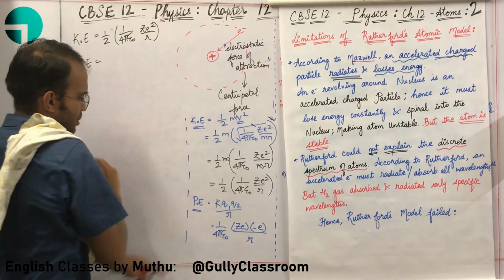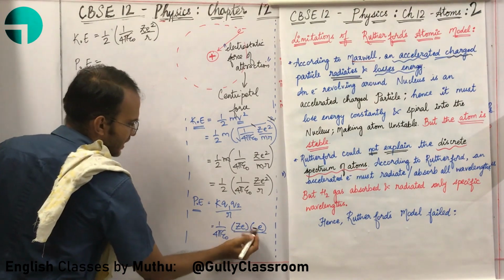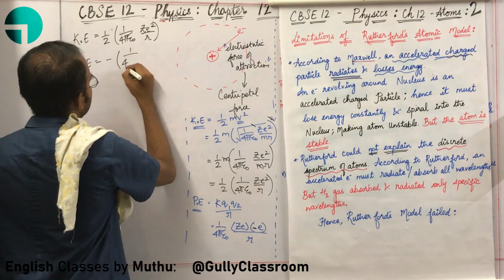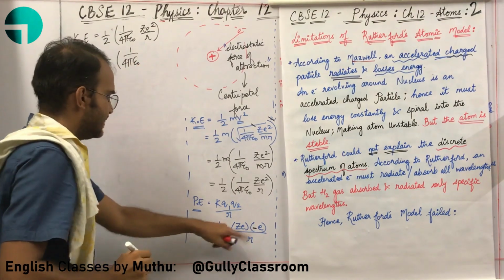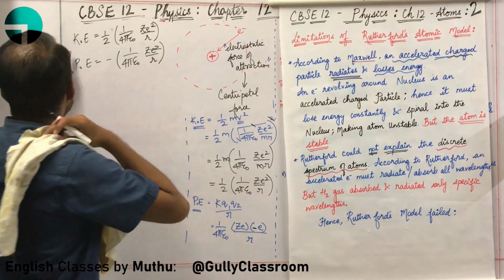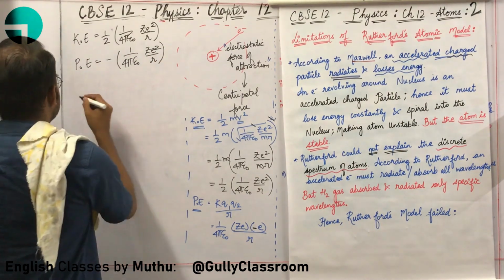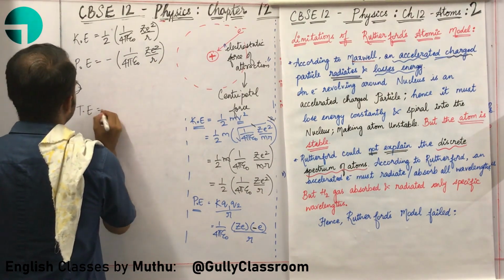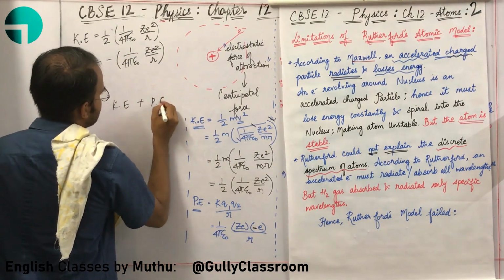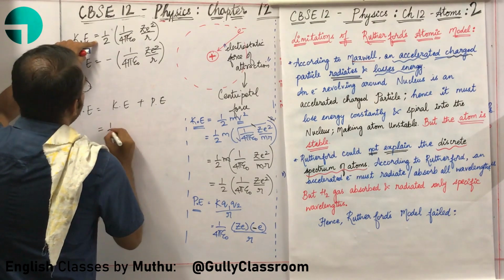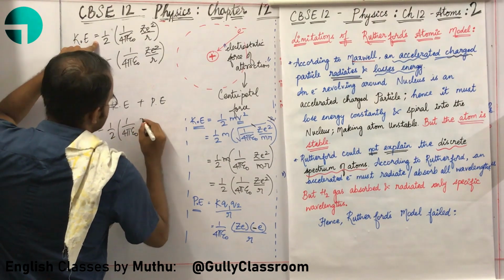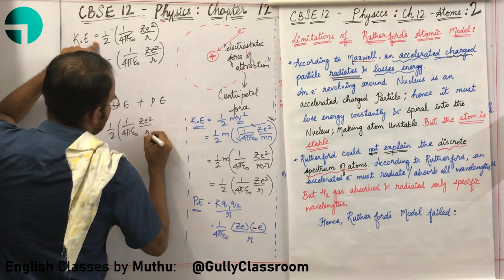Potential energy is equal to, I will bring this particular minus outside. So if I bring that minus outside, I will have 1 divided by 4 pi epsilon naught Ze square divided by R. Okay sir, now we have potential energy and kinetic energy. I can calculate total energy. Total energy is equal to kinetic energy plus potential energy. Let us write it up here: 1 by 2, 1 divided by 4 pi epsilon naught Ze square divided by R.